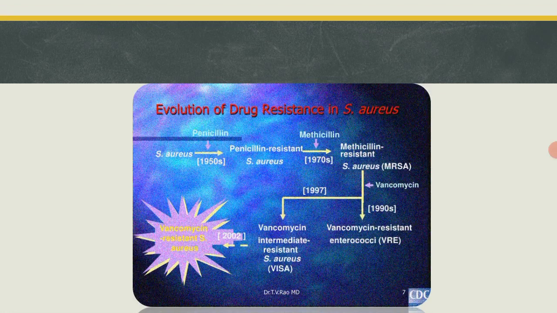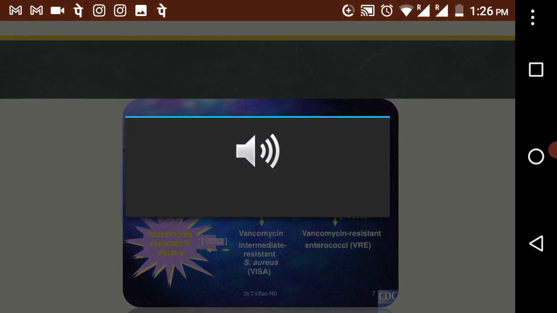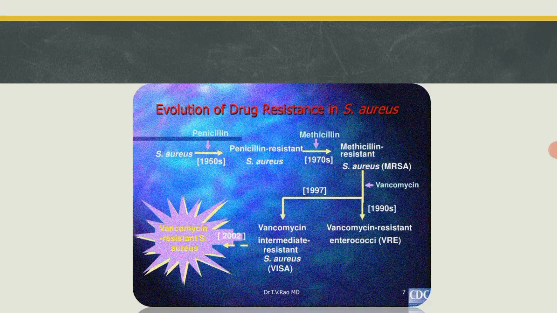Now there are two types of S. aureus developed depending on the resistance properties. First is the VISA, that is the vancomycin intermediate resistant S. aureus, which we will see again in later slides, and the second one is the vancomycin resistant enterococci.